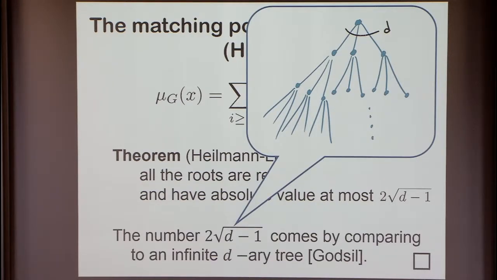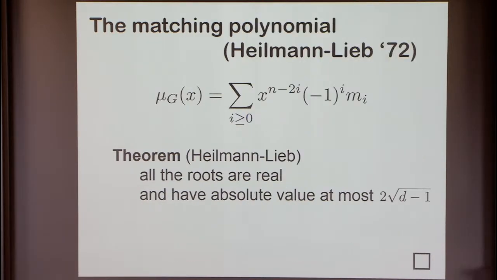But there's also a very nice, more conceptual proof due to Godsil, which is in his book on algebraic graph theory, which gets the same bound and gets it from the infinite d-regular tree. Roughly speaking, what Godsil shows is that this matching polynomial divides the characteristic polynomial of a certain tree obtained from the graph by looking at paths, basically. A certain large tree obtained from the graph called the path tree.